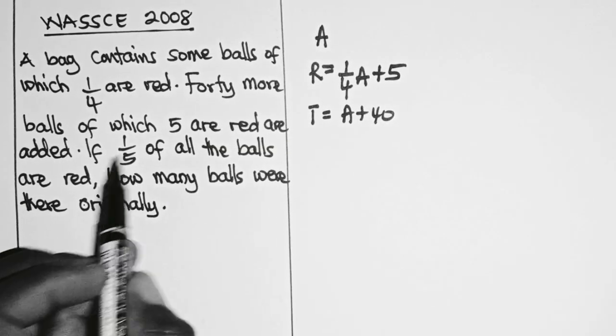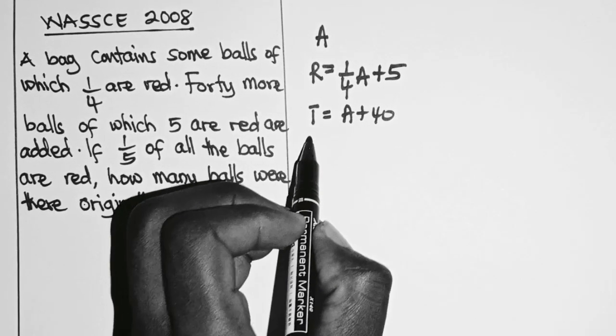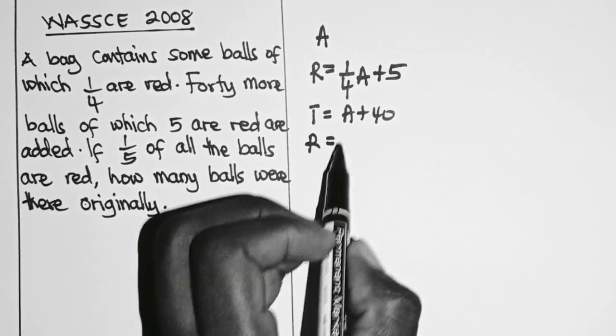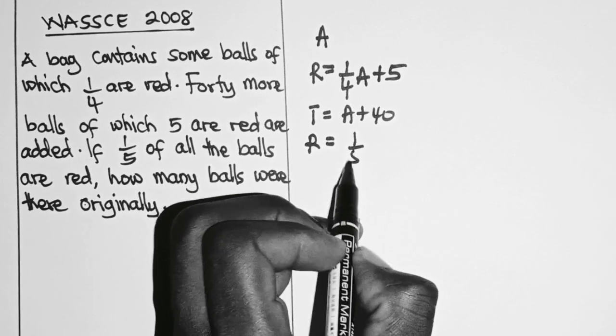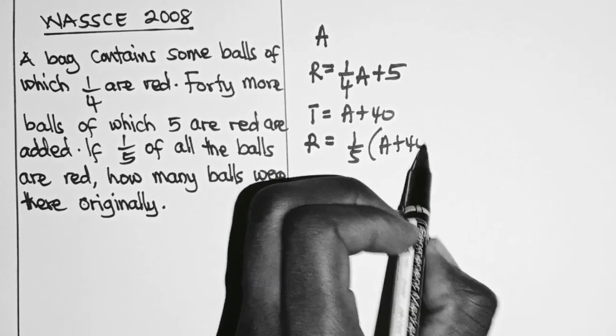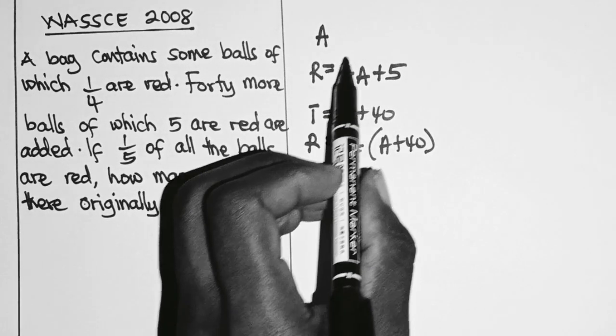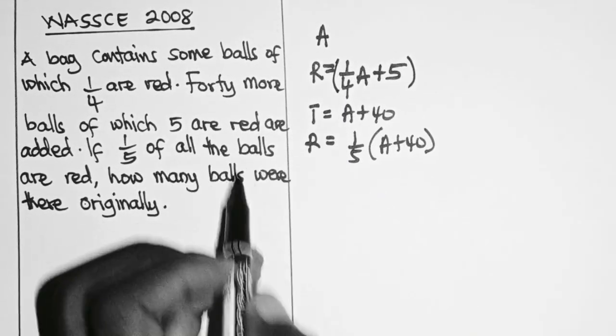And he says if 1/5 of all the balls are red, so that means that the number of red balls is equal to 1 over 5 of the total number of balls, which is A plus 40. How many balls were there originally? So, but then we have this equation for the number of red balls.